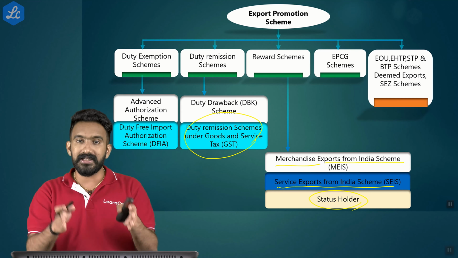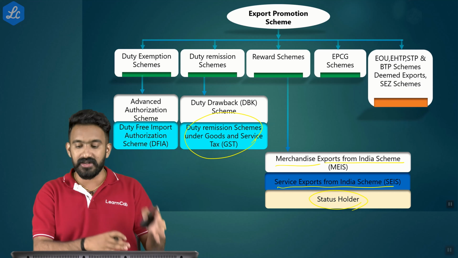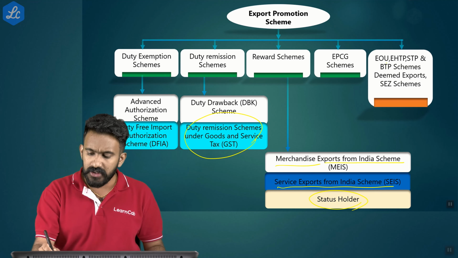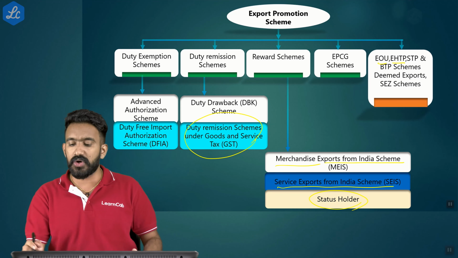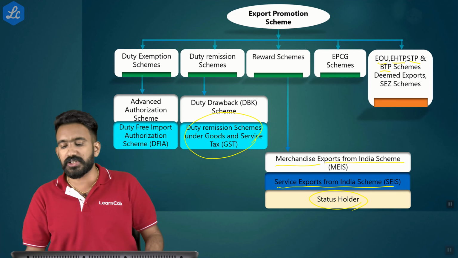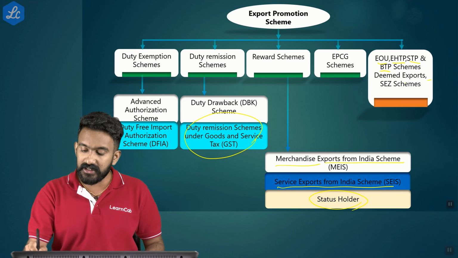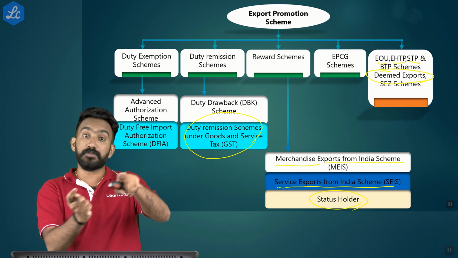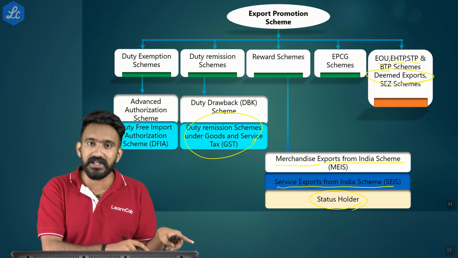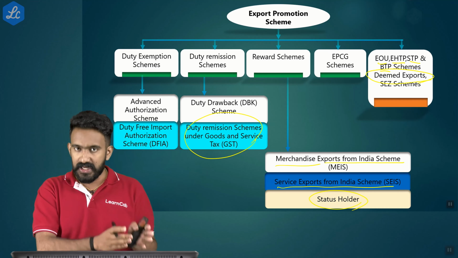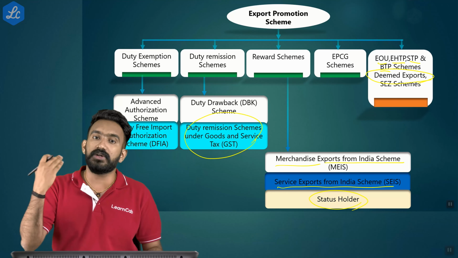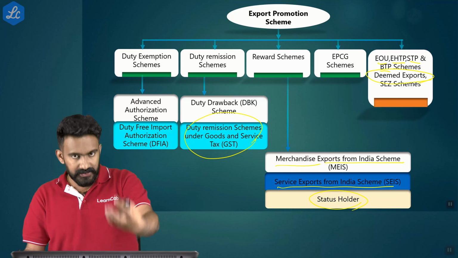Then you have certain categories which can take registrations, like Export Oriented Unit, Electronic Hardware Technology Park, Software Technology Park, Biotechnology Park schemes, or there are certain deemed exports that you would learn in FTP. There are deemed exports in Section 147 of the GST Act, but this is altogether different, which talks about what the deemed exports in FTP are.